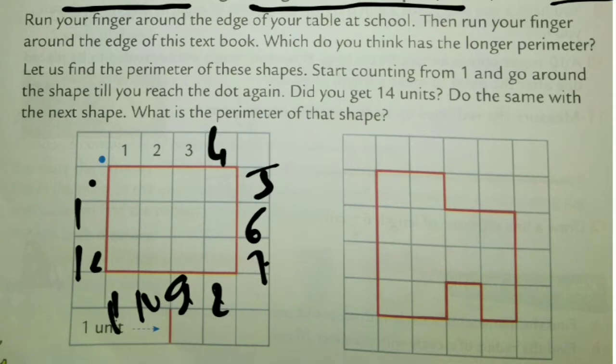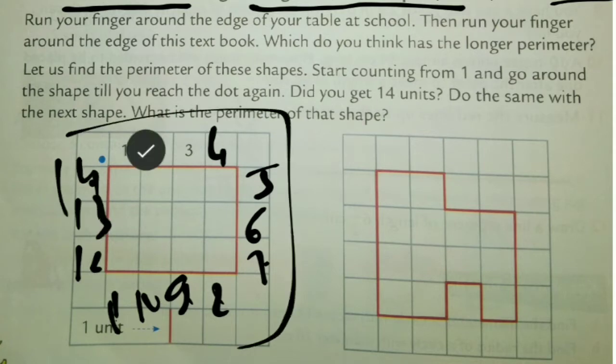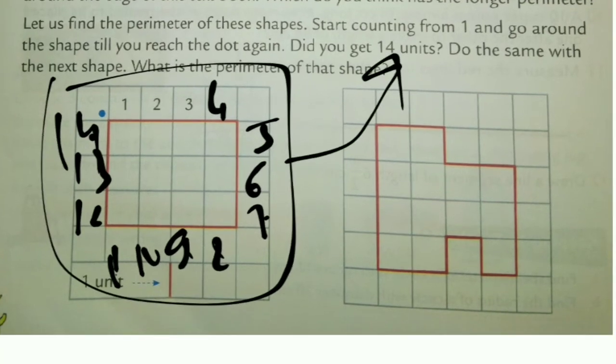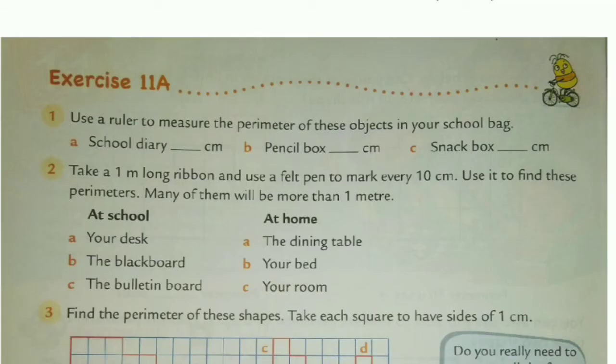It means in that box, that is the perimeter of the given figure. See, 14 unit. In this one, we are not given meter or centimeter, so we can write 14 unit. Clear? Now, we can find the perimeter of some other objects.